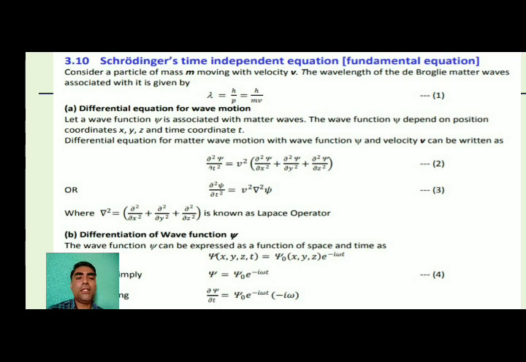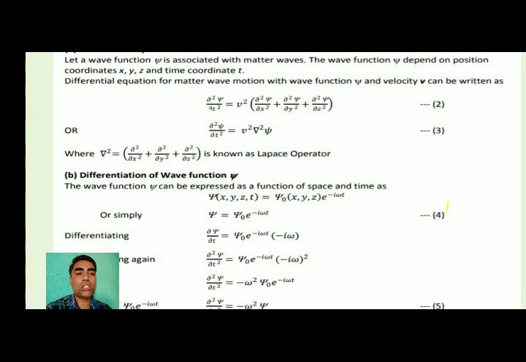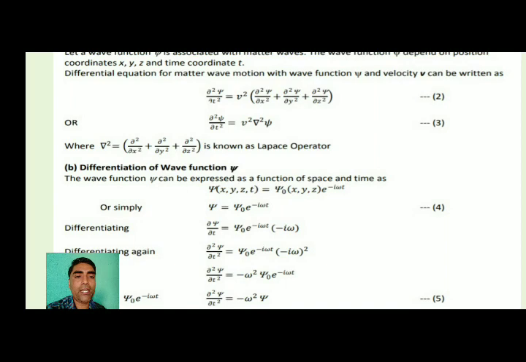Now to set up Schrodinger's time independent wave equation, we have to start with a suitable wave function. A wave function means a function of space and time coordinates, that is psi. So let us select psi as a pure mathematical exponential function: psi of x, y, z, t equals psi 0 of x, y, z times e to the power minus i omega t.